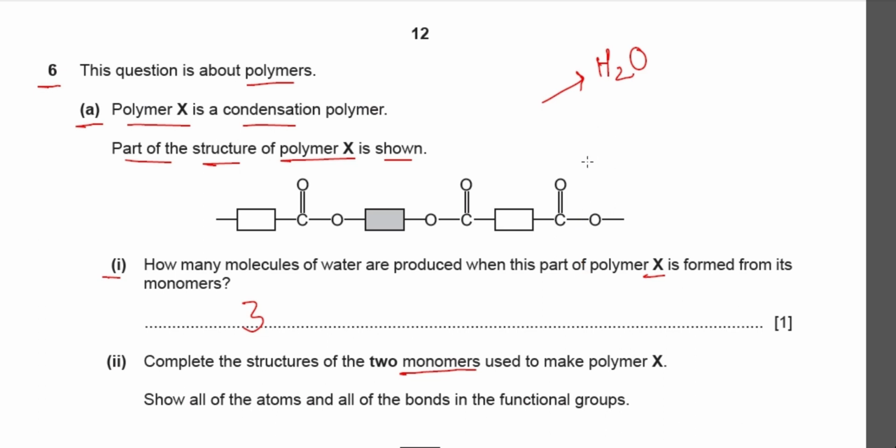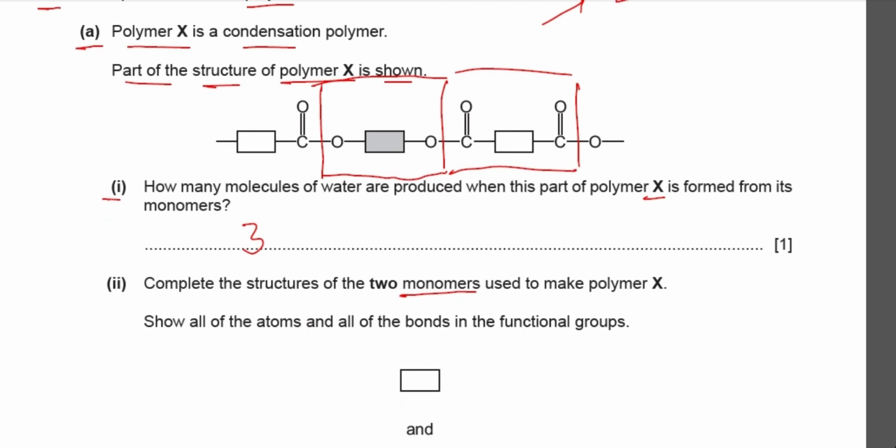As I said, just focus on the ester bond. This is the ester bond, break it between C double bond O and O. This is an ester bond, break it. This is the ester bond, break it. Now if you convert this into a box, you can see a colored box with single O on both sides, and this gives you another box, the colorless box, with C double bond O on both sides.